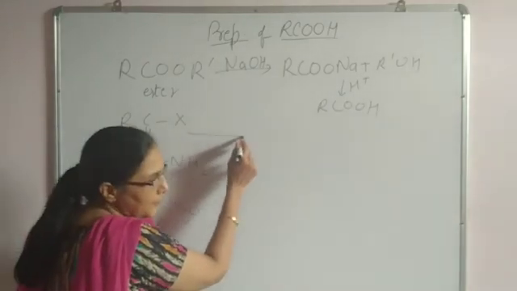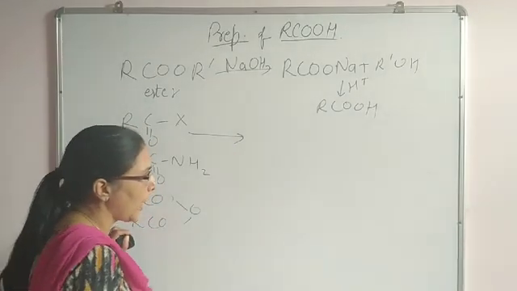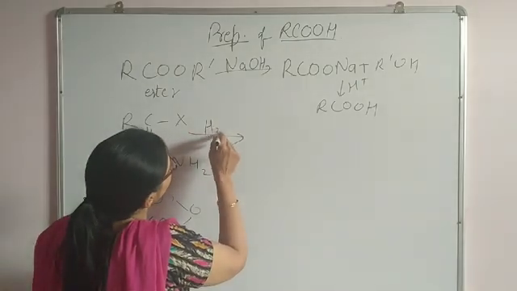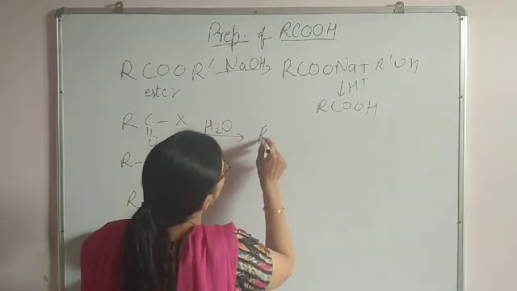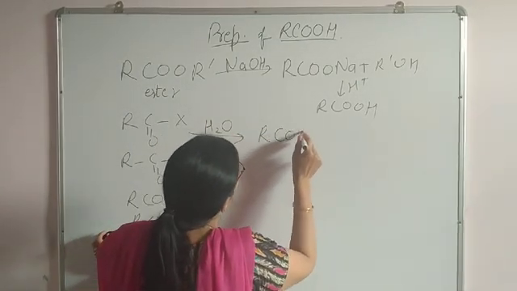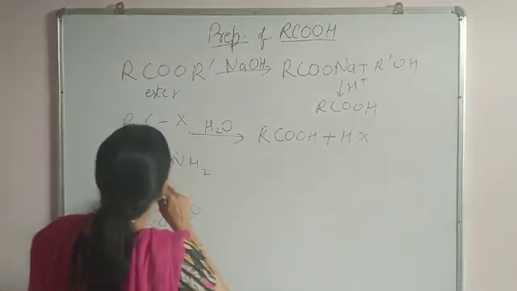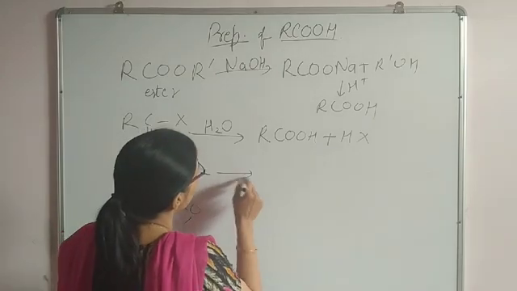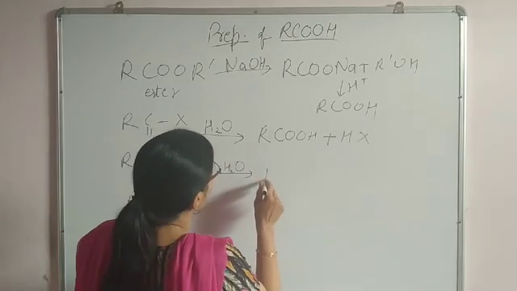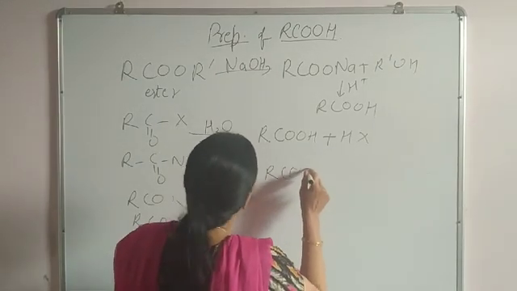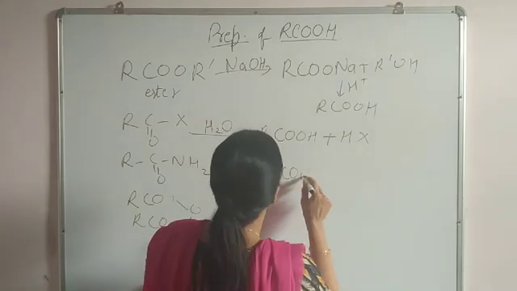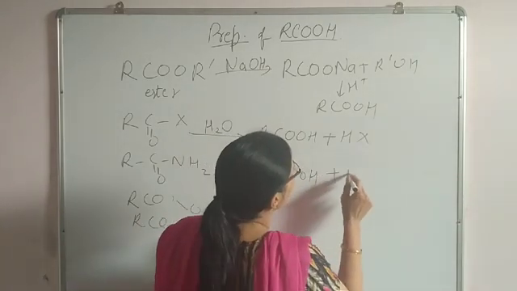In the same manner, when RCOX is hydrolyzed in the presence of water, there will be formation of RCOOH and HX. Here the amide again is hydrolyzed, there will be formation of RCOOH and ammonia.